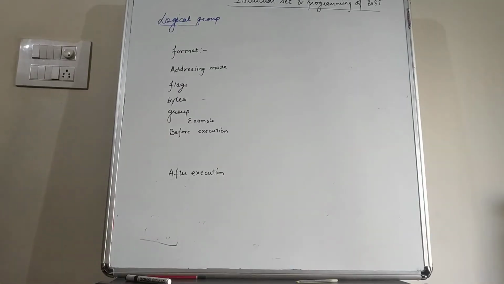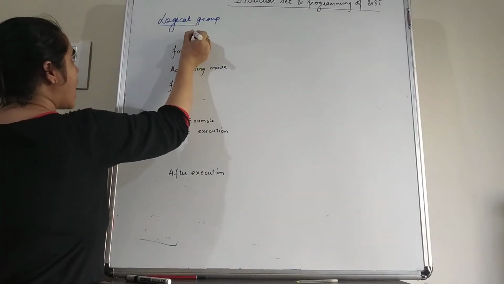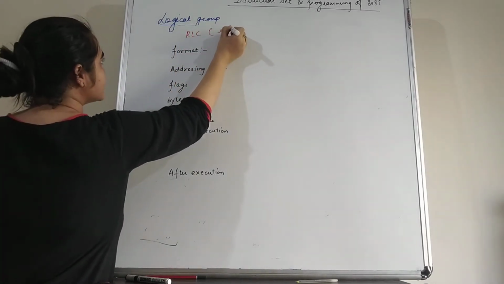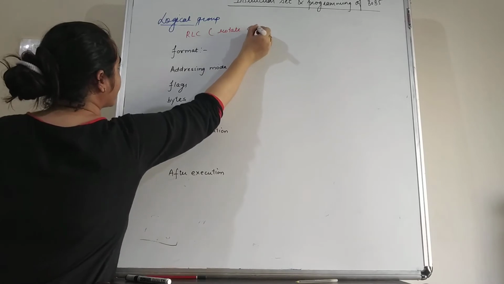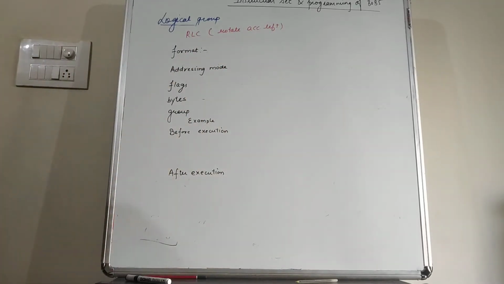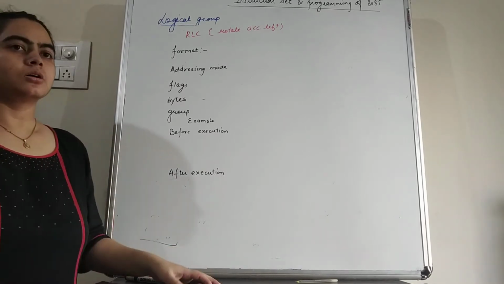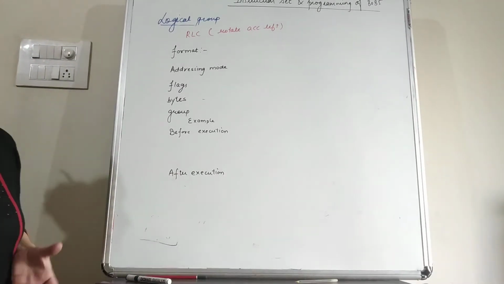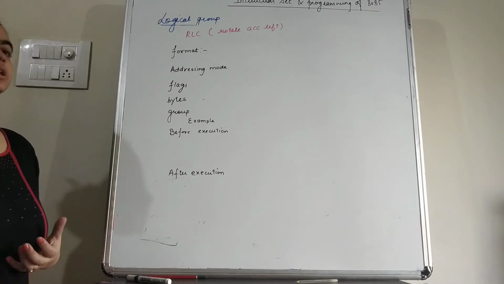The next logical instruction we have is RLC. RLC stands for rotate accumulator left. So students, according to this instruction we can move or rotate the contents of the accumulator to the left side.